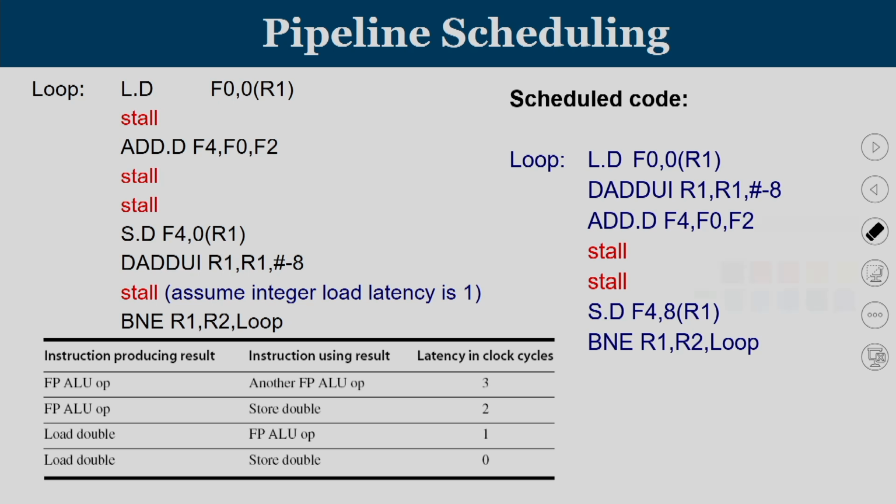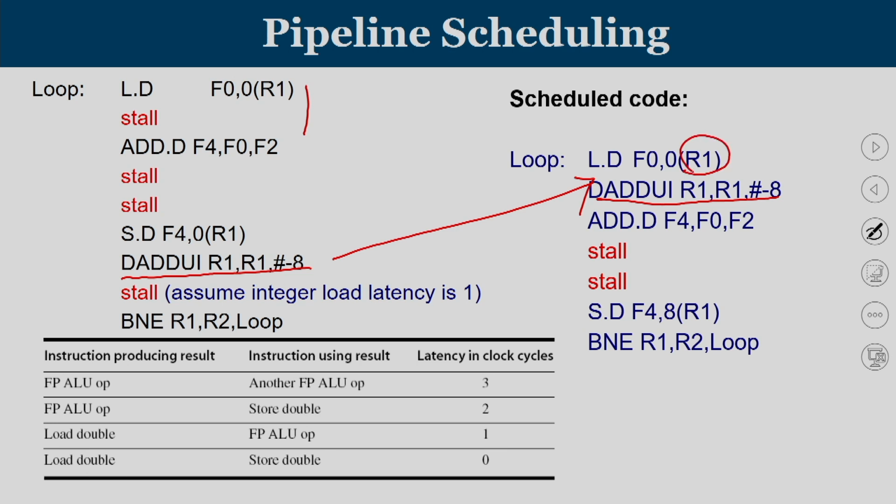Now, having said this, how am I going to get the benefit? What I will do is, this instruction, that is R1 is equal to R1 minus 8, I will keep it in between your load and add. So, now load and add is separated by one instruction already, and I am going to bring an instruction which is not dependent on load, because the load instruction is going to read from R1.